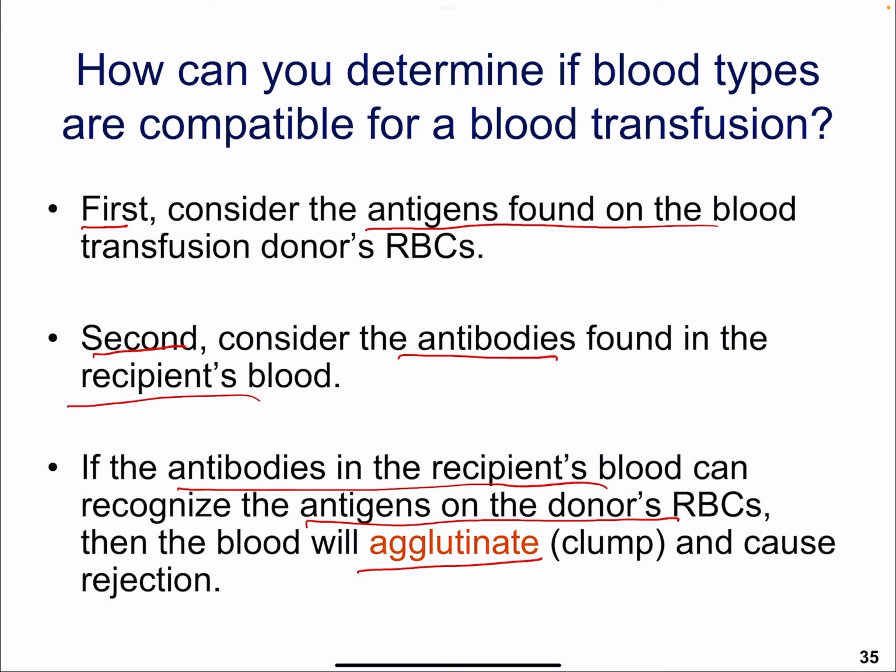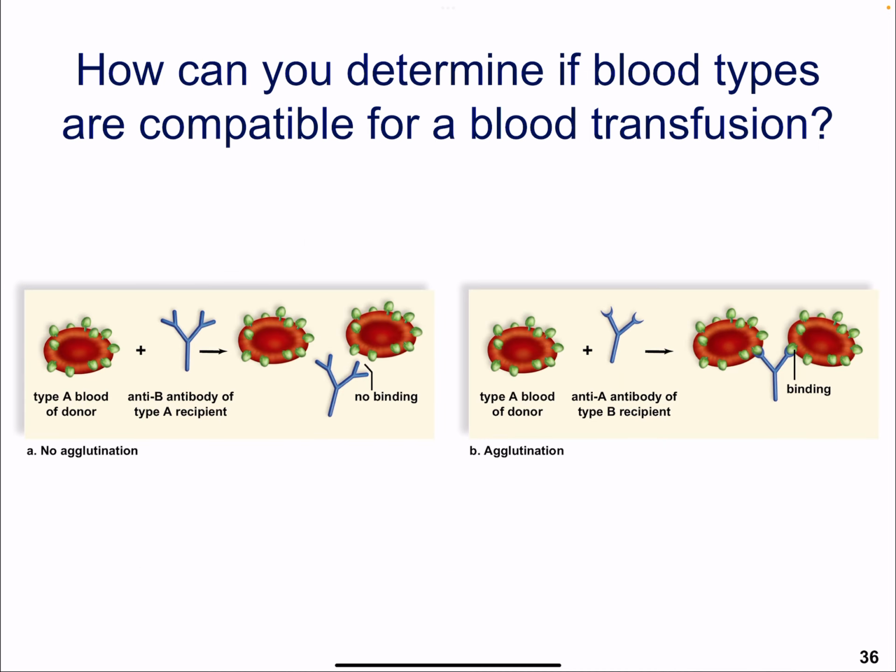That agglutination or clumping tells you that you should not do blood transfusion at that point. Okay? You should not do blood transfusion, and that blood transfusion will necessarily lead to rejection, right? So no agglutination is good news. Agglutination is bad news, right?